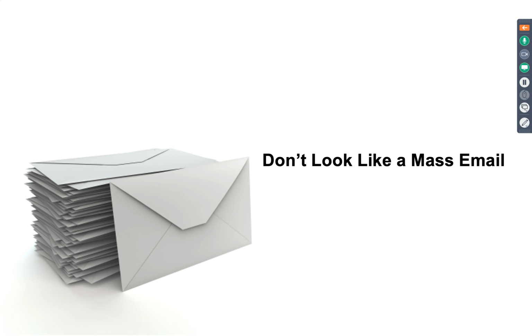So even if you are sending a mass email, try to make it look like a one-to-one email. A quick example: even if you are using links, which I do recommend in email prospecting so you can track your prospect clicking on links, with most email software you can easily make hyperlinks.